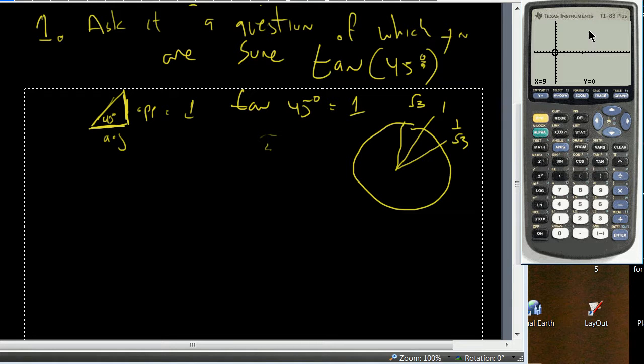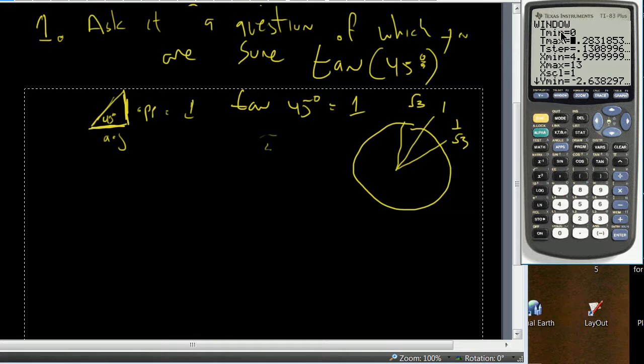I think it does something like this. And window, zoom out. All you're doing when you're zooming out here is changing the values in the window. So you're learning to realize that these windows change.